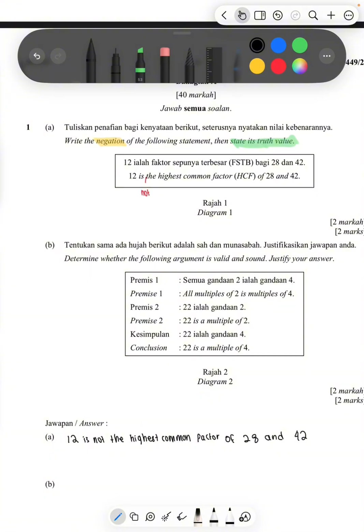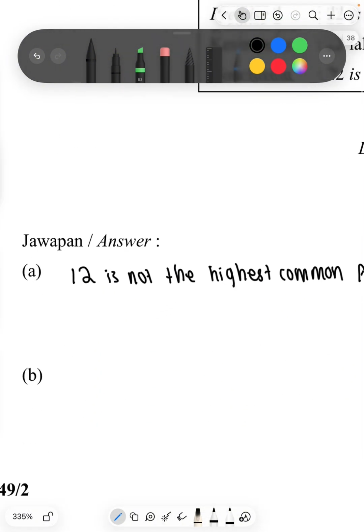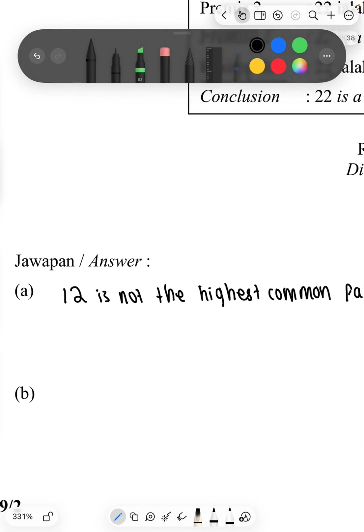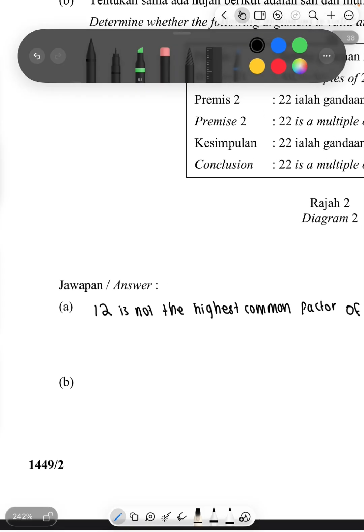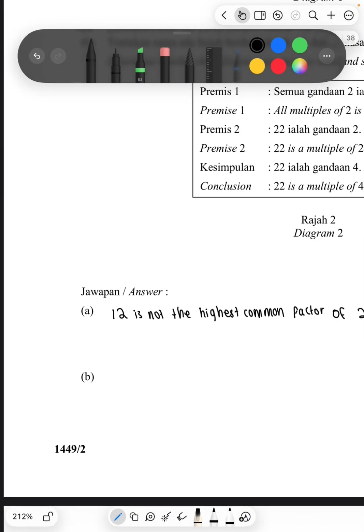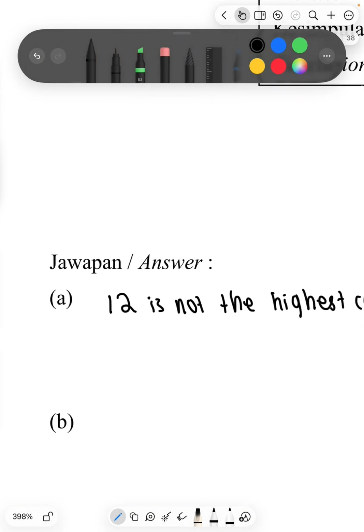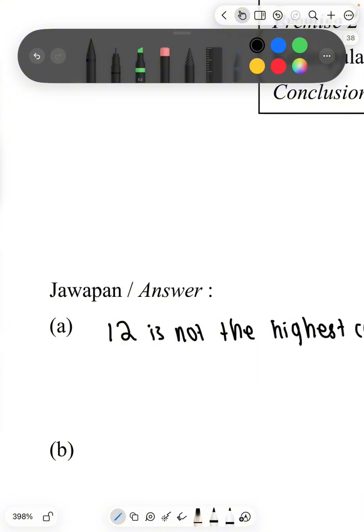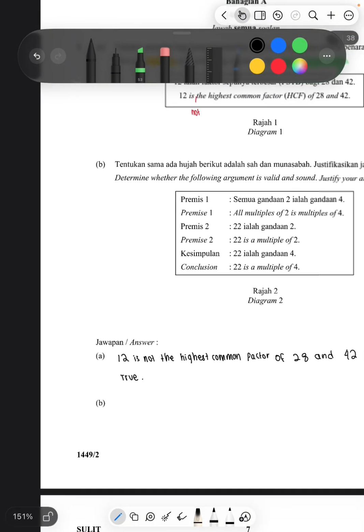You can reconfirm by doing it with 42, but now I know that it's not the highest common factor of 28. Now that I deny that 12 is the highest common factor of 28 and 42, the false statement becomes true. So the truth value is true.